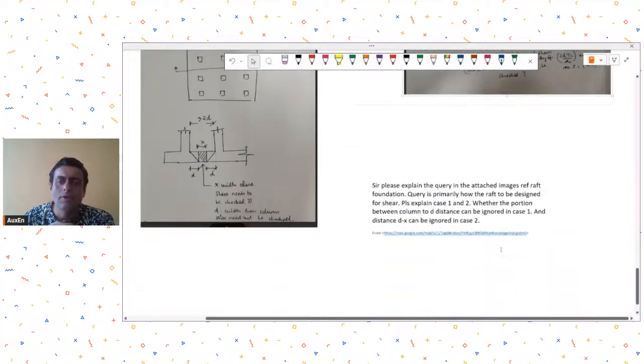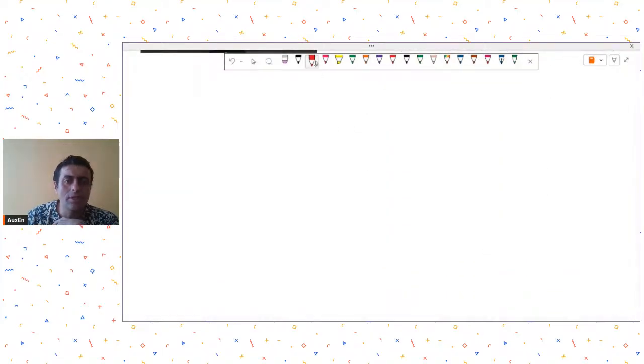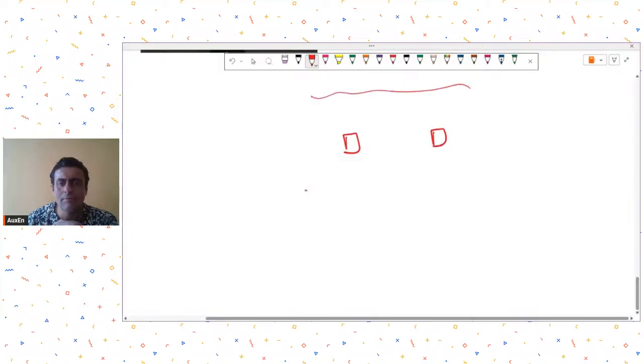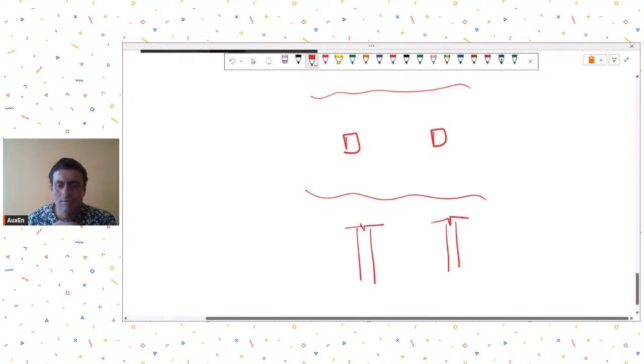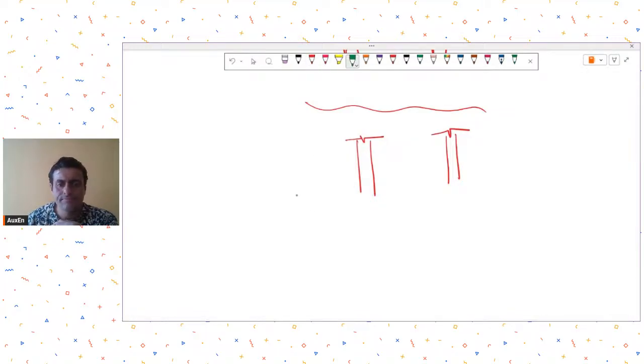What is d? I'm not fully understanding the query, but I'll just explain. Let's say you have two columns which are close to each other, and this happens in structures where you have deeper rafts. Let's say in cross section, this is your column, this is your column, and then you had a deep raft, something like this.